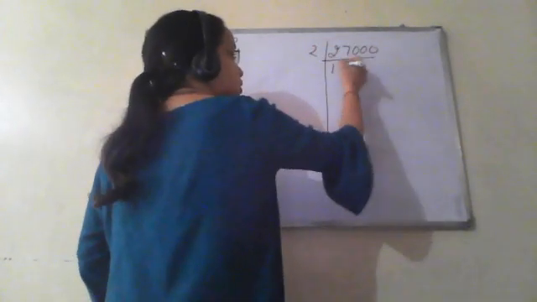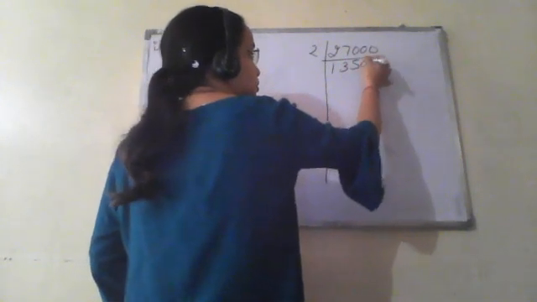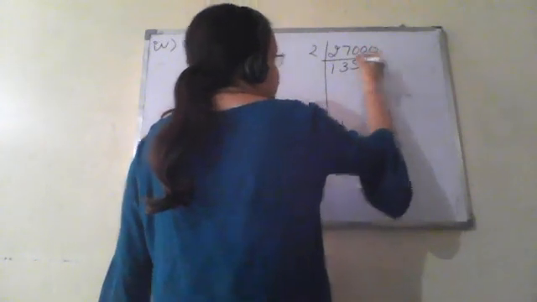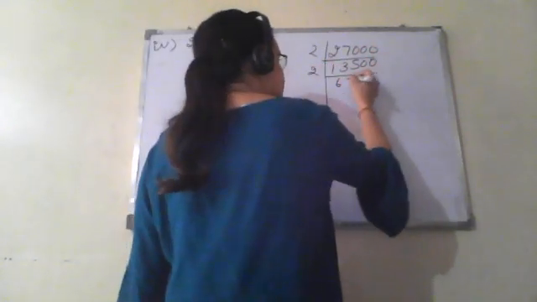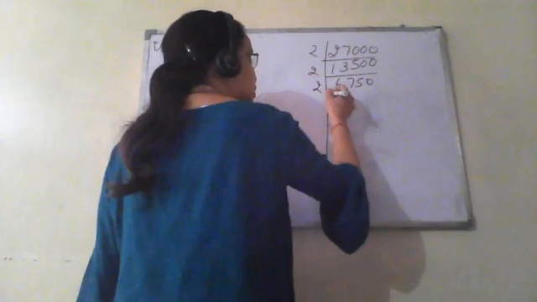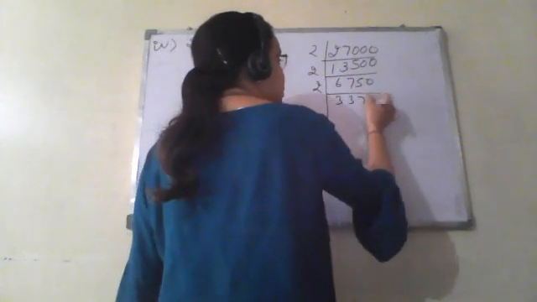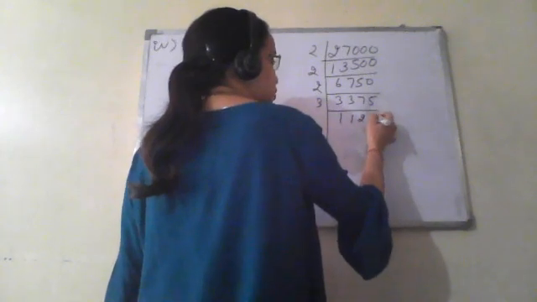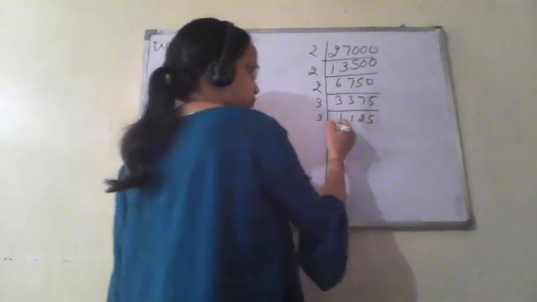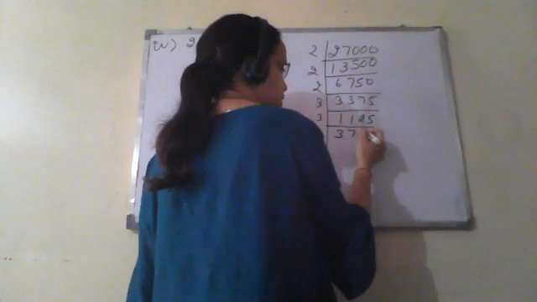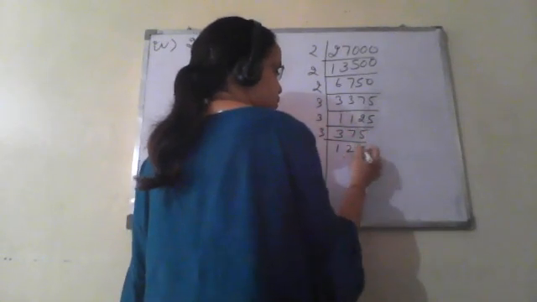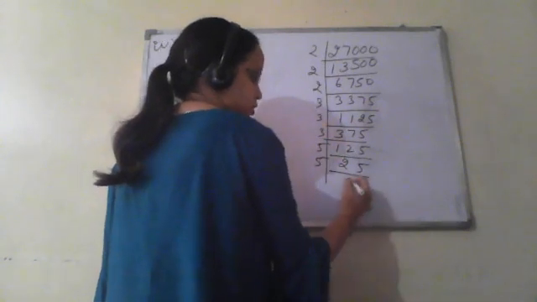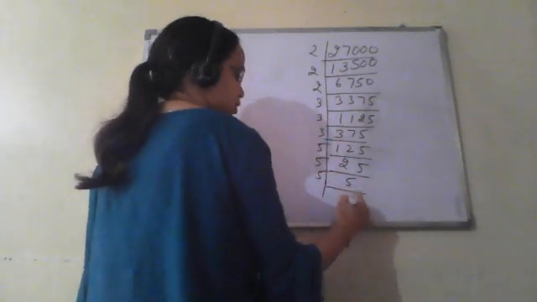This is 135, this is 6750, this is 3375, 1125, 375, 125, this is 25, 5 and 1.